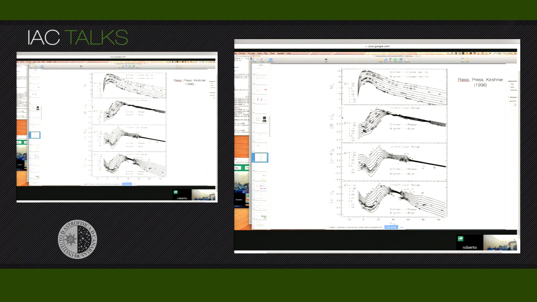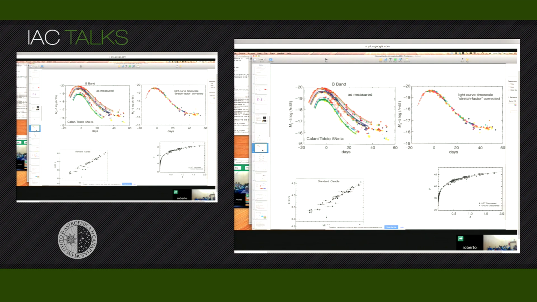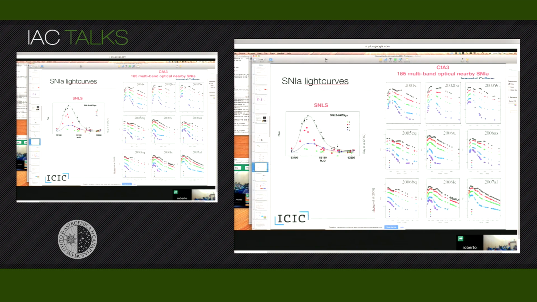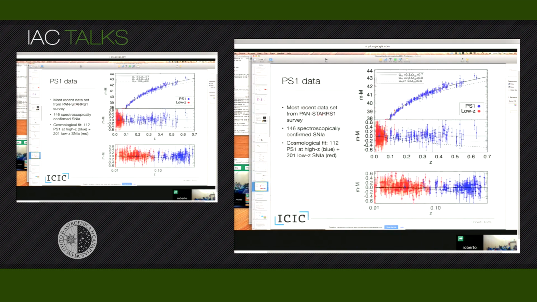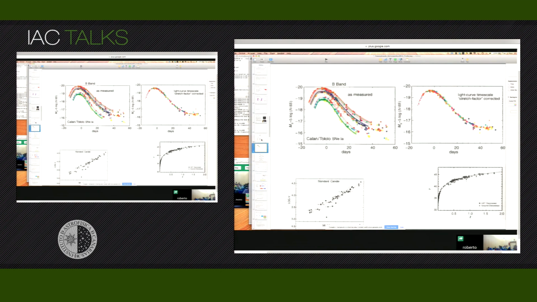Okay. So there are two effects here. Let me see if I have a plot of that. I don't have a plot of this color, but it's analogous to the decline time magnitude. There's an observed empirical correlation between the intrinsic color and the intrinsic magnitude of the objects.